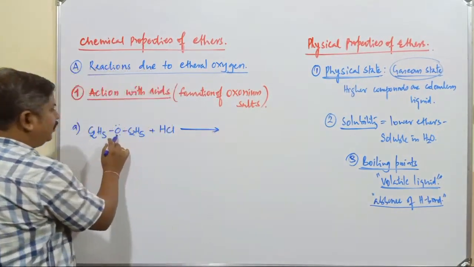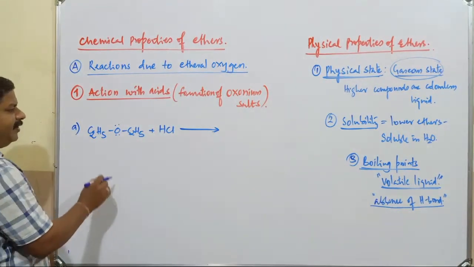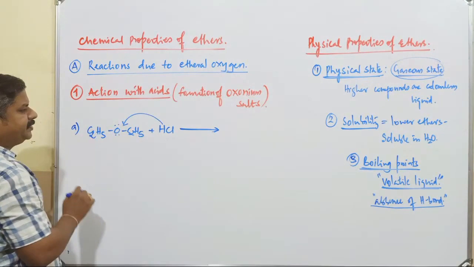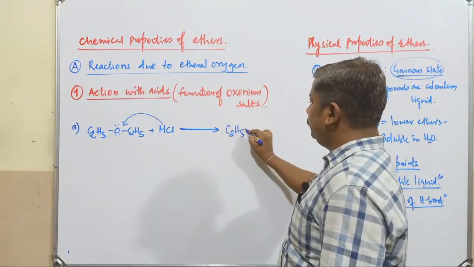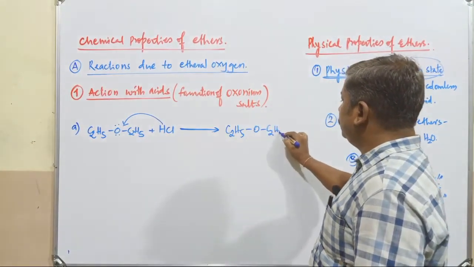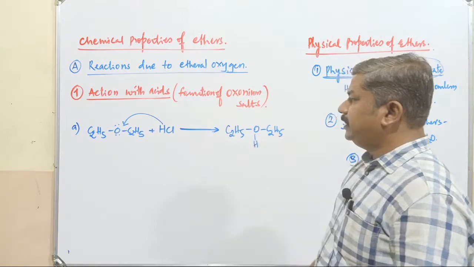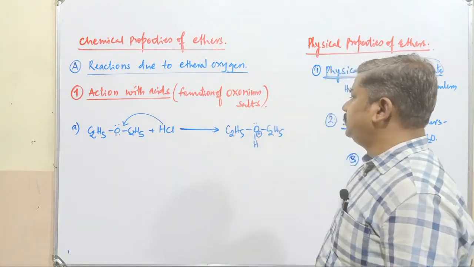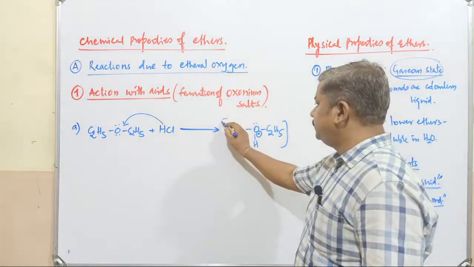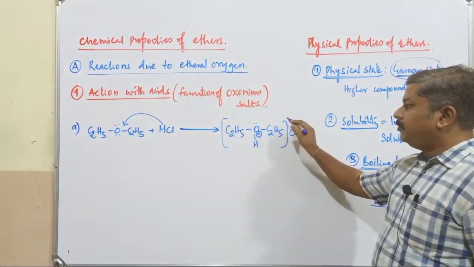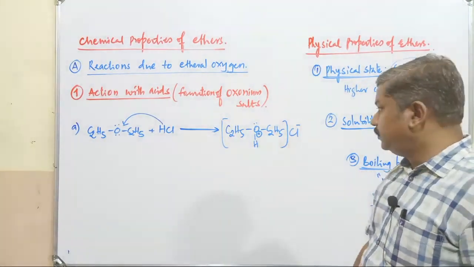Oxygen is an electronegative atom with 2 lone pairs of electrons. The proton of the acid is added to this oxygen atom. When the proton gets added over oxygen, the compound C2H5 O C2H5 now has hydrogen bonded here, one lone pair, and it carries a positive charge, with Cl minus surrounding it. You can write the positive charge on the bracket also.